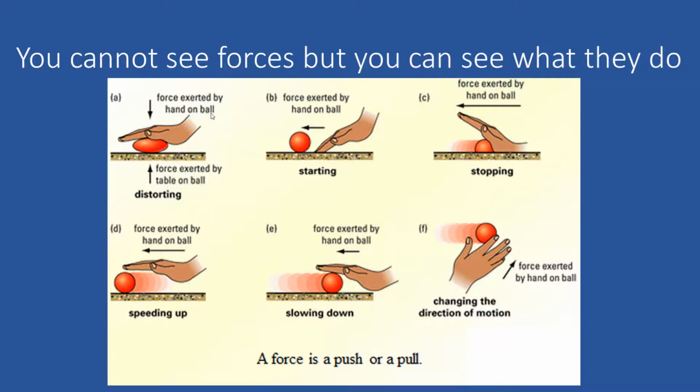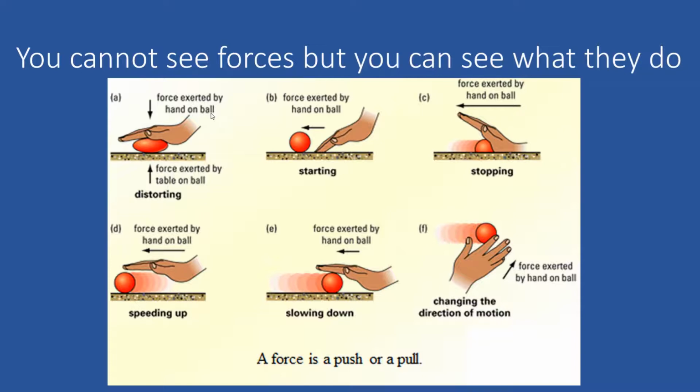The fourth effect is speeding up. Now concentrate on this point. If I have a ball with a speed of 5 meters per second, and someone comes and shoots the ball, the ball starts to accelerate and the speed increases. If the speed was 5 and it increased to 20, directly you should know that there is a force exerted on this ball.